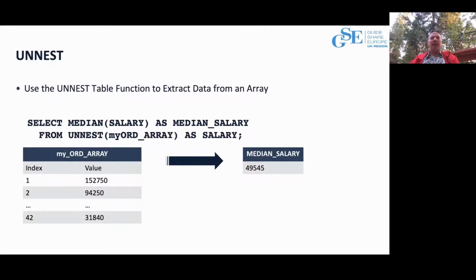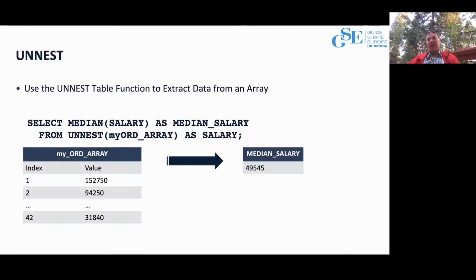All right, so I've got some data in an array, and I want to get the data out of the array. So in this particular case, I wanted to get the median salary out of the array. And so you're going to use the UNNEST function to essentially walk through the array, feed the median function just like you would as a table.